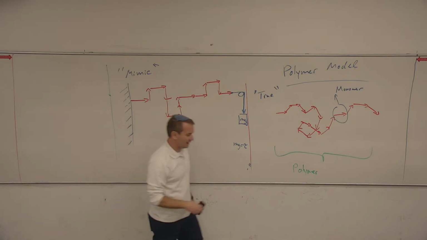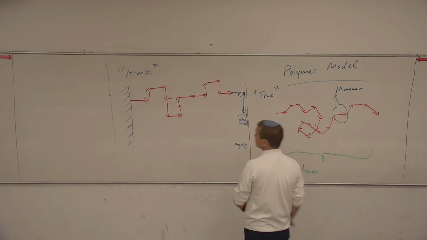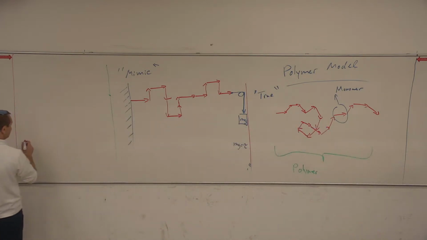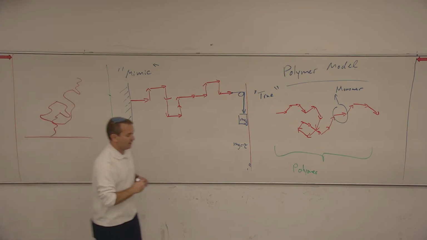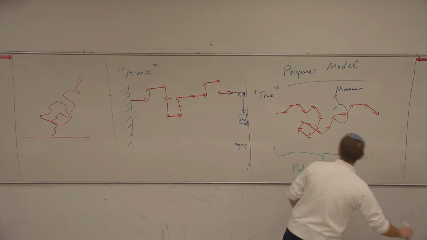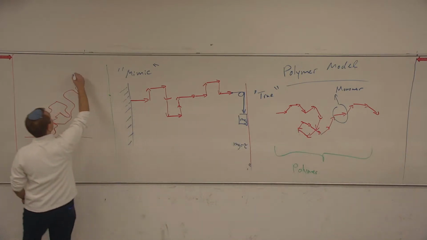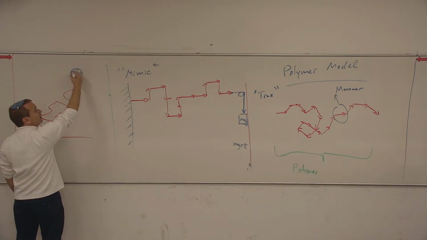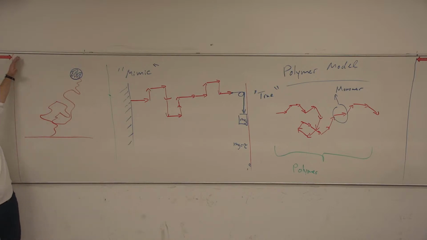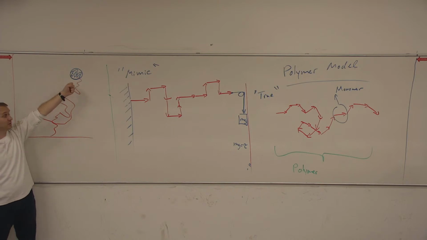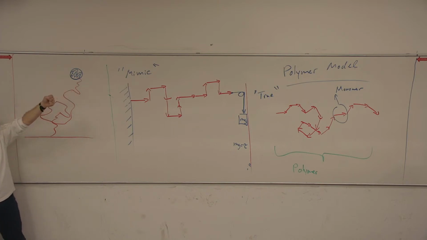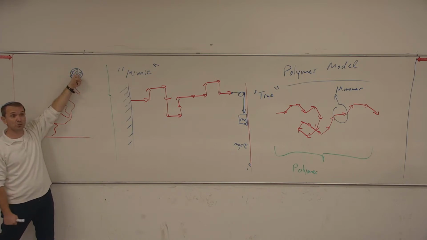For example, in Bar Ilan, the group of Yuval Garini, who was here until a year ago. If I have, for example, a slide, on top of it there is a DNA strand. What can be done in an experiment is that I can connect a bead to the strand, shine laser light on top of this bead, and capture it. This is called an optical tweezer, and it is used to start to pull this polymer.